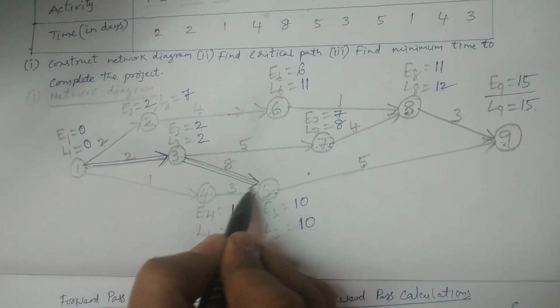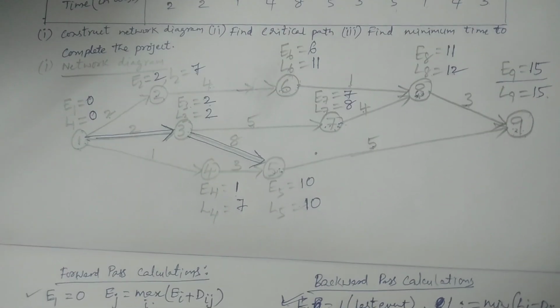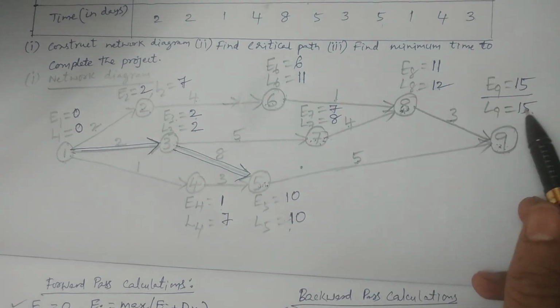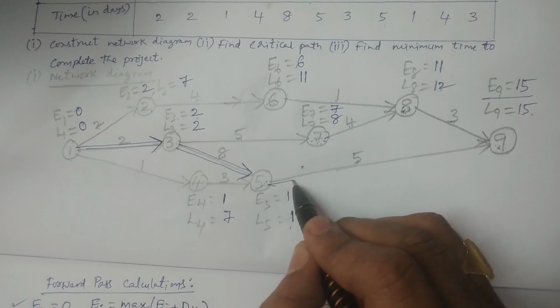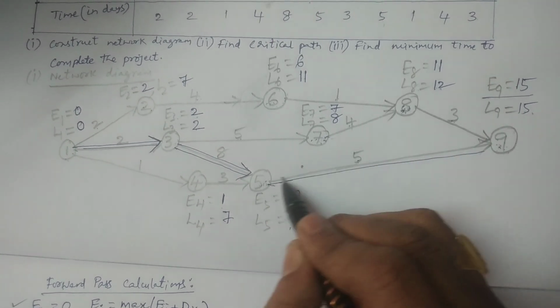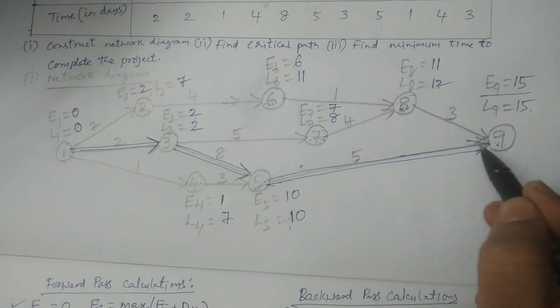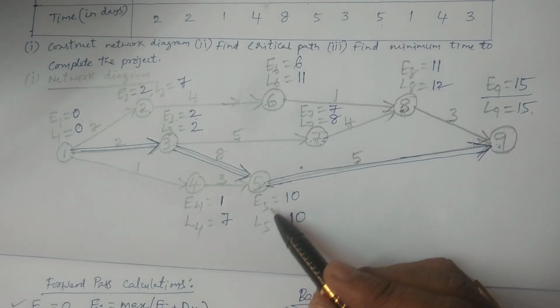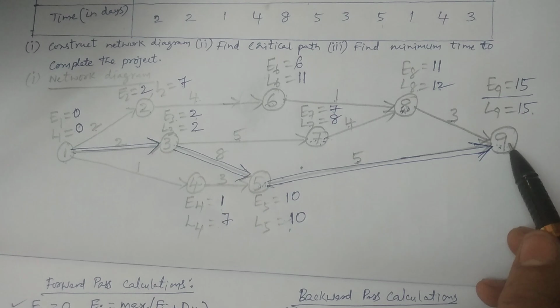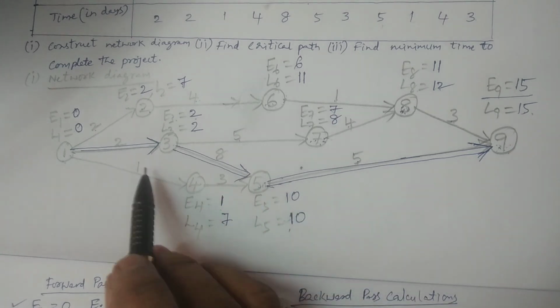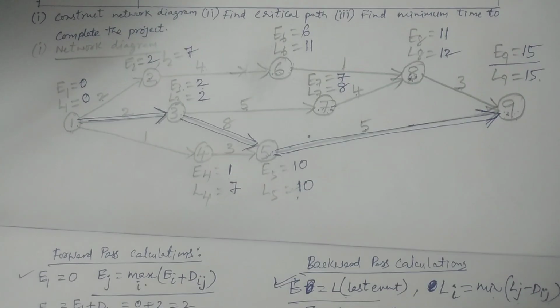I am drawing a double line. And then E5, L5 and E9, L9 are equal. No other nodes have E and L equal. Therefore, I am drawing a double line from the 5th node to the 9th node, that is 5th event to 9th event. So these 3 activities are connected.